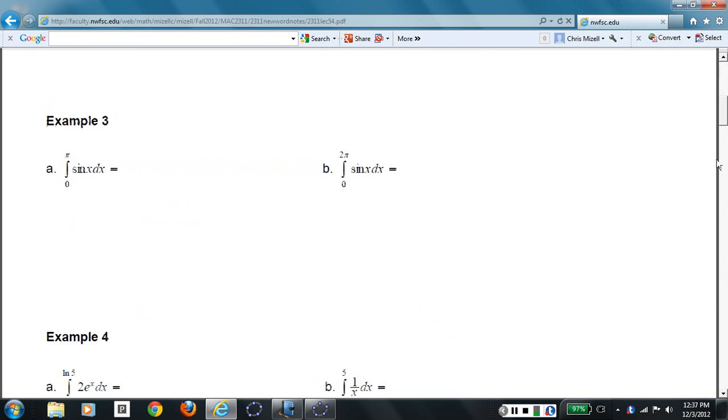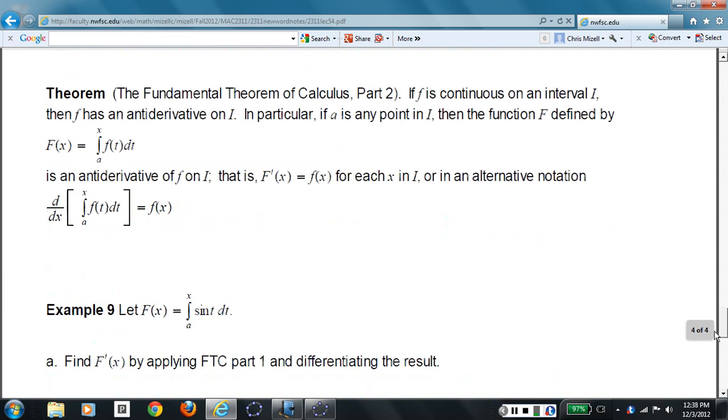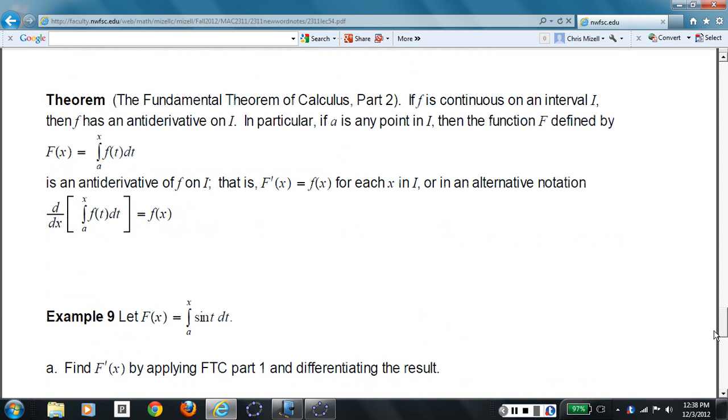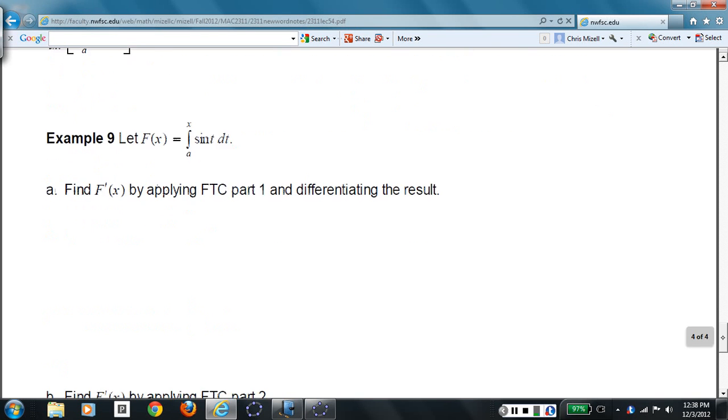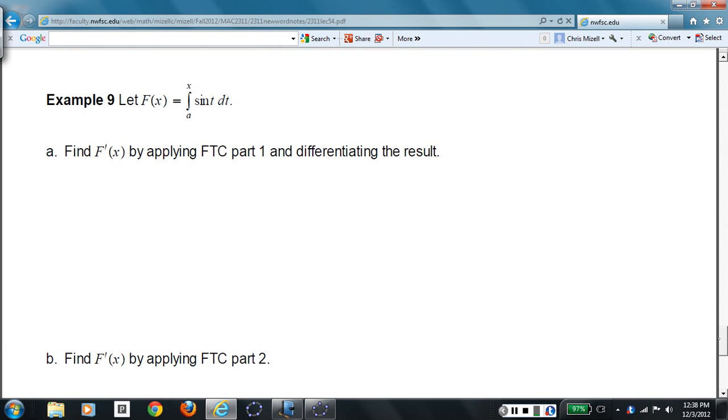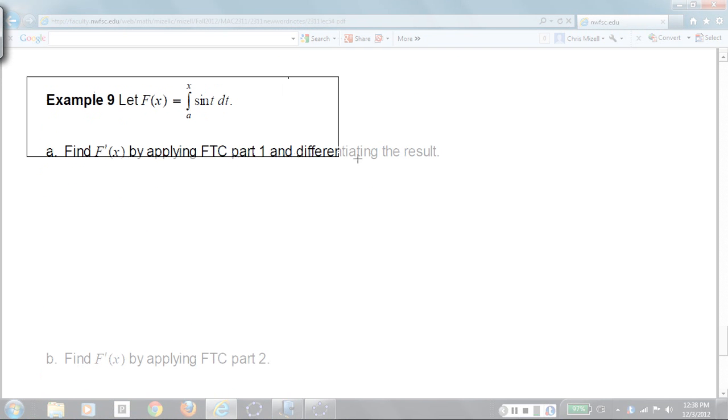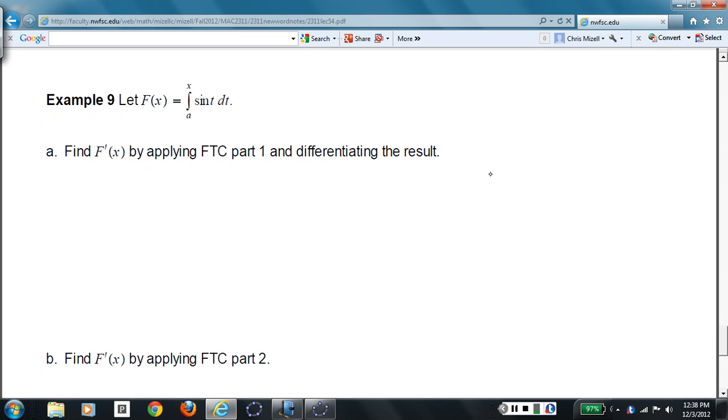Maybe what I could do is just look at example 9. I want to find big F prime of x two different ways.